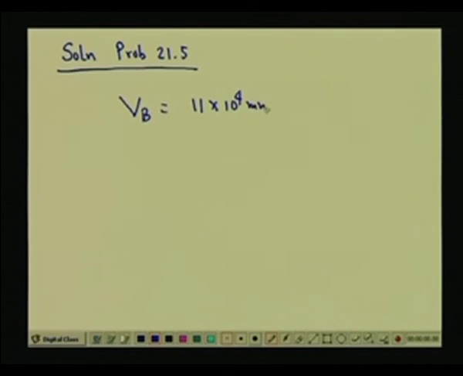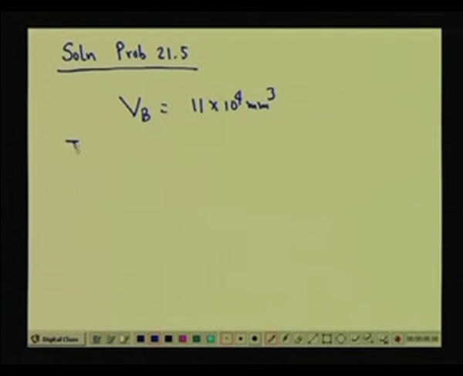So, let us look at the solution to problem 21.5. The volume of the bulb will be given by 11 into 10 to the power 4 millimeter cube.